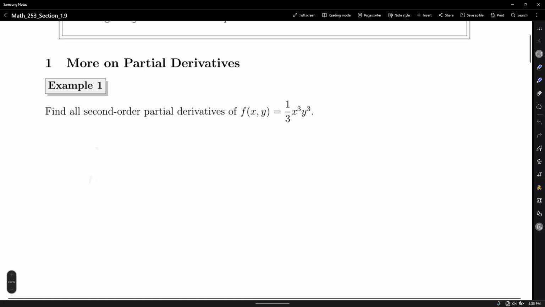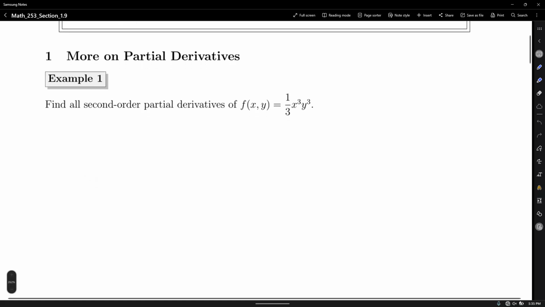However, for this topic, we need not just the first derivative, we need a little bit more than that. They're asking us here to find all second order partial derivatives, not just the first derivative, but the second derivative.